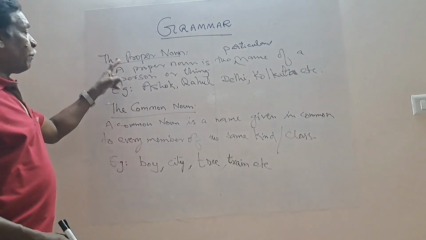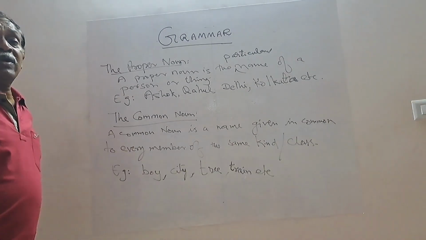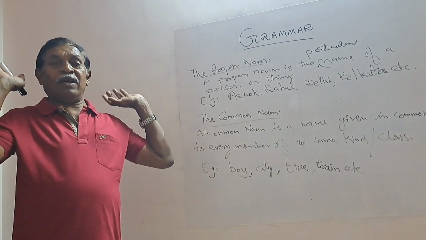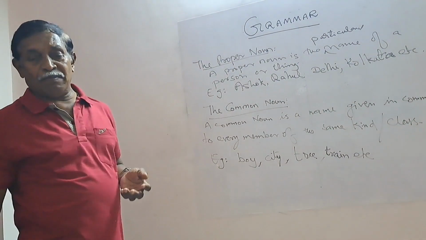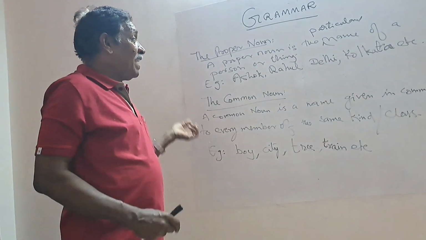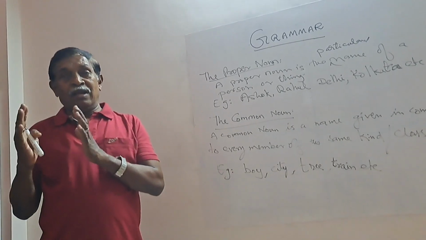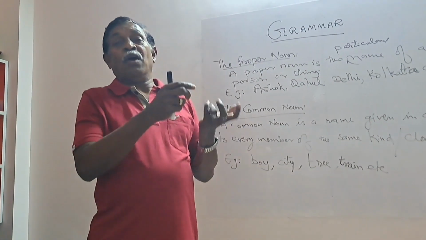The difference between the proper noun and common noun means once we say boy, you can get an idea of any boy in the world. That may be this boy or that boy or those all other boys. But when I say Ashok, you immediately separate that concept of boy into a single person who you know.